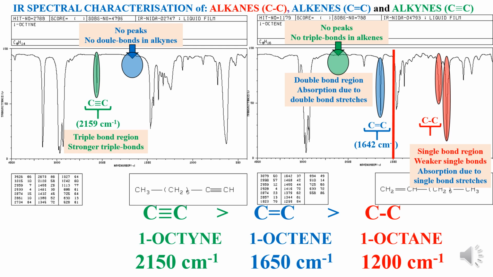So as the bond strength increases, more energy of the IR radiation is required to bring about their respective stretchings. So the stronger the bond, peaks appear at a higher wave number because more energy is required to bring about stretching of the particular bonds.